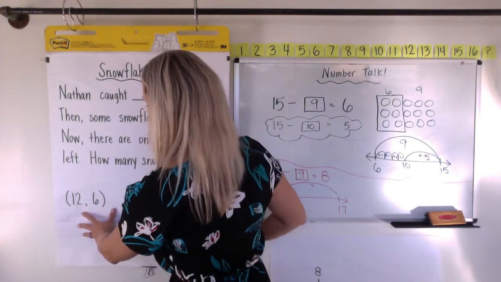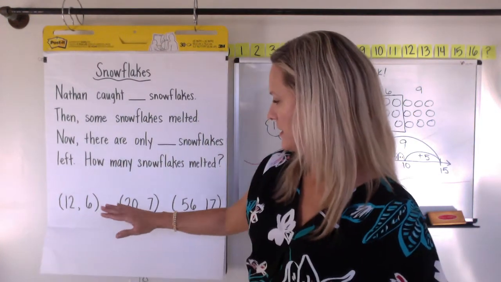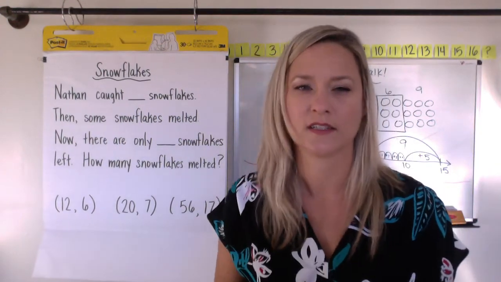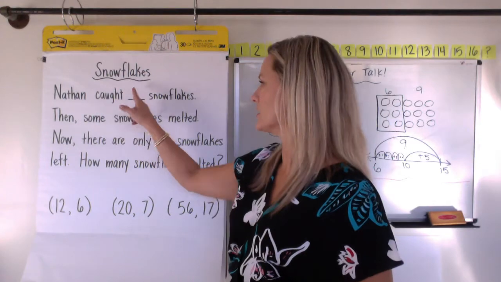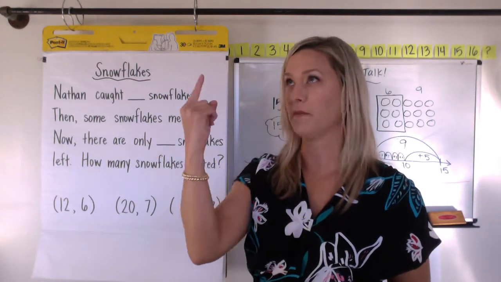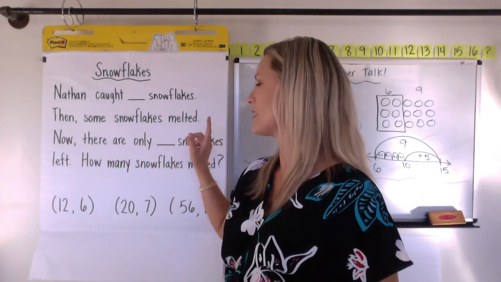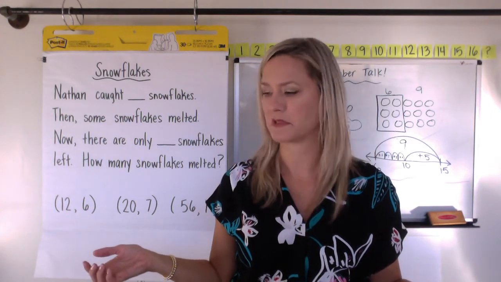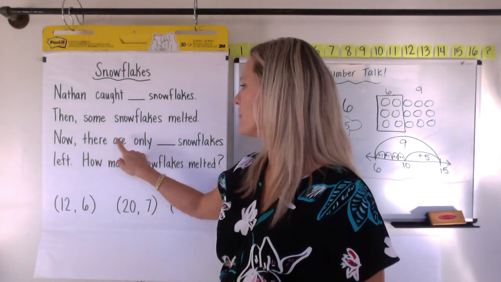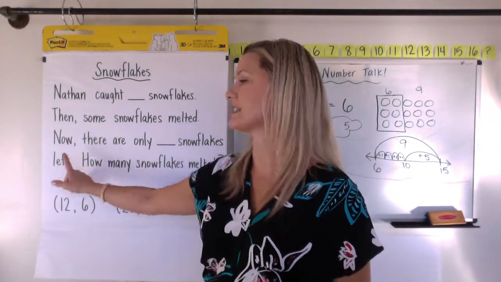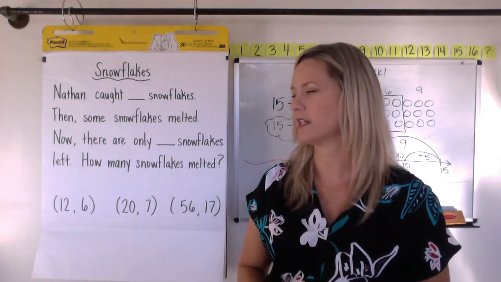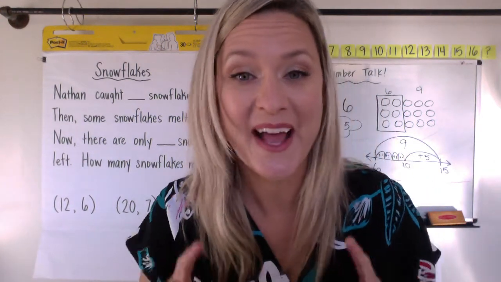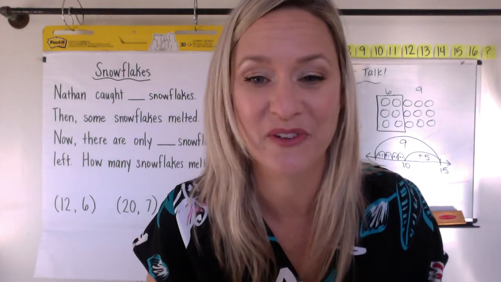We can choose 12 and 6, 20 and 7, or 56 and 17. All right, so let's check it out. Nathan caught 12 snowflakes. Count them up. Then some snowflakes melted. Do we know how many snowflakes melted? Not yet. Now there are only 6 snowflakes left. Okay. How many snowflakes melted? So we have to figure out how many of those snowflakes melted.